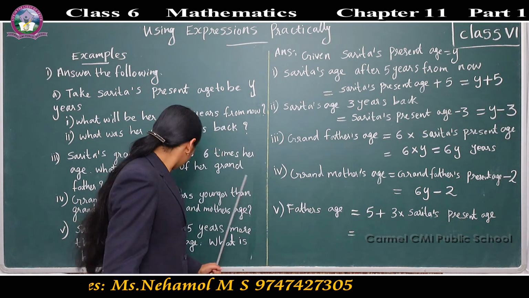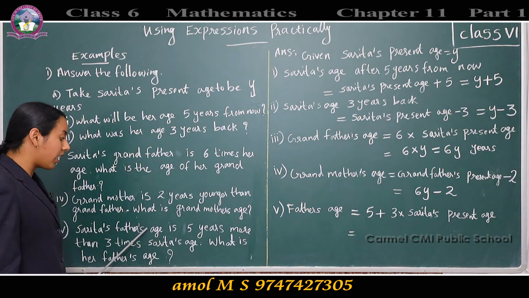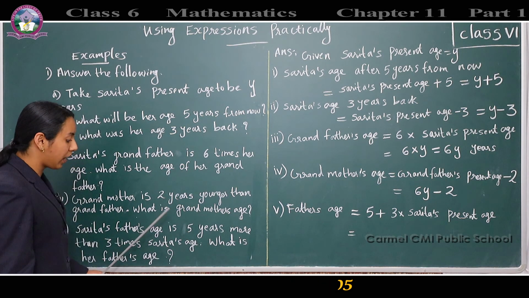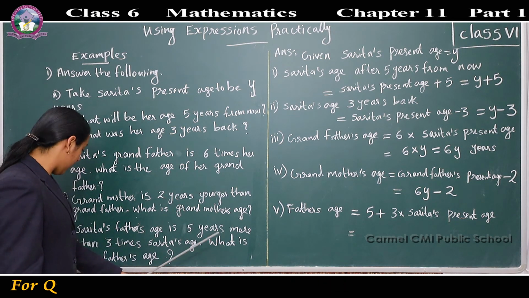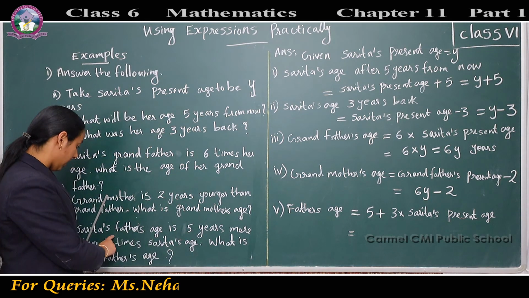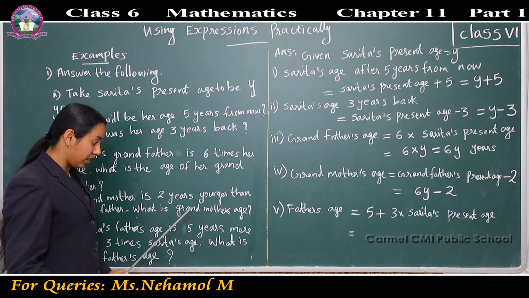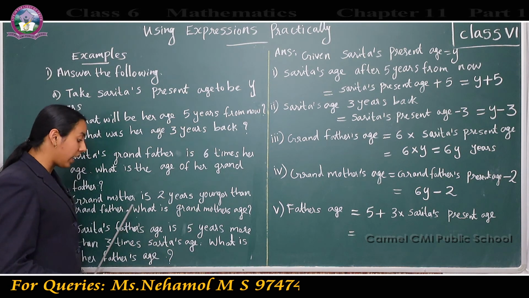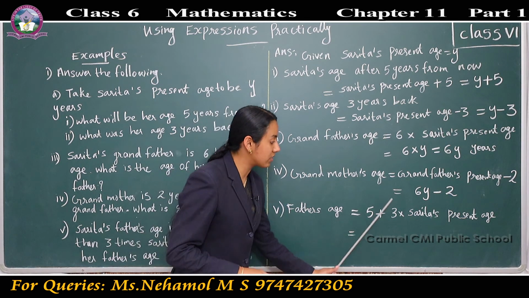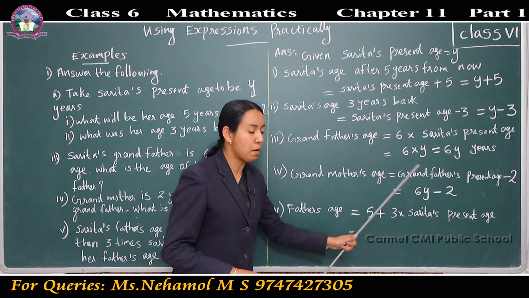Then next question. Sarida's father's age is 5 years more than 3 times Sarida's age. What is her father's age? What is given? Sarida's father's age is 5 years more than 3 times Sarida's age. So first we have to find 3 times Sarida's present age.